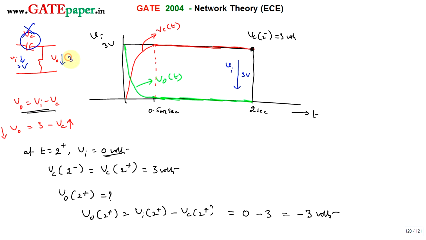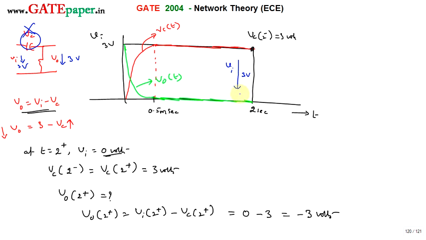So V0 decreases by the same voltage, as the capacitor opposes instantaneous changes. At t is equal to 2 seconds, an instantaneous change is taking place. The input voltage is dropping by 3 volts, so that drop is taken by the output. It is not taken by the capacitor, as the capacitor opposes any instantaneous change in the voltage across it.